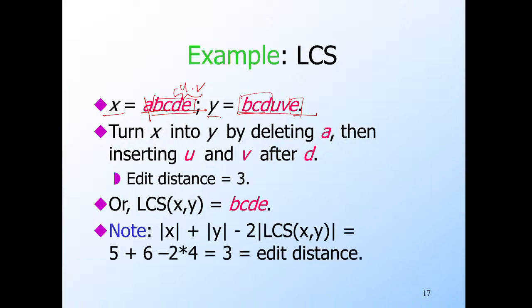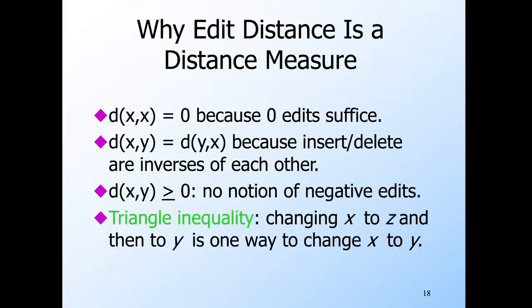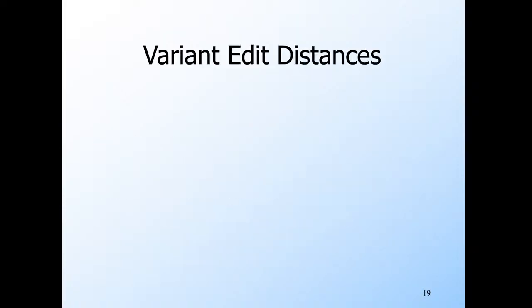Based on our previous formula, the length of x is 5, the length of y is 6, and the length of the longest common subsequence is 4. So the result is 3, which is the same as the number of insertions plus the number of deletions. And here explains why edit distance is a distance measure.